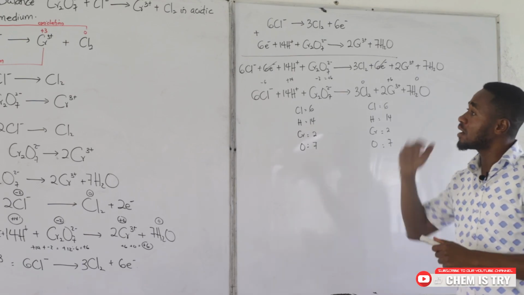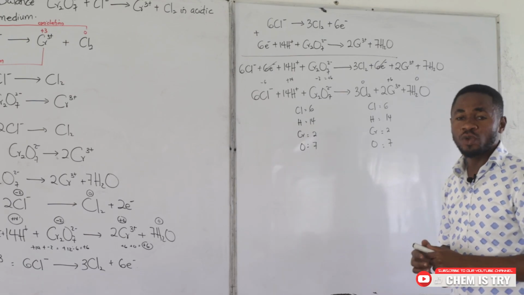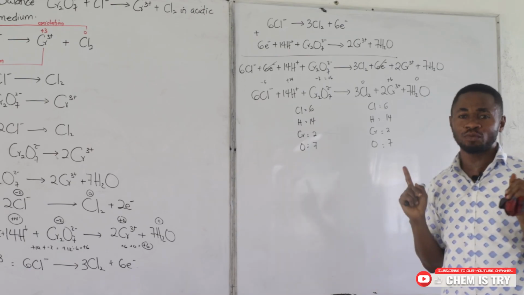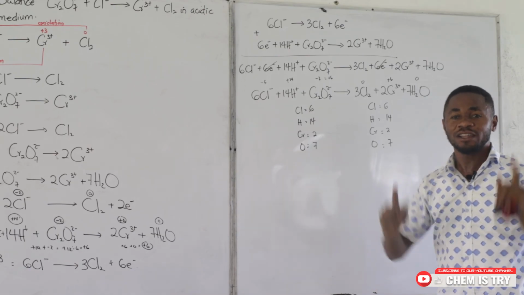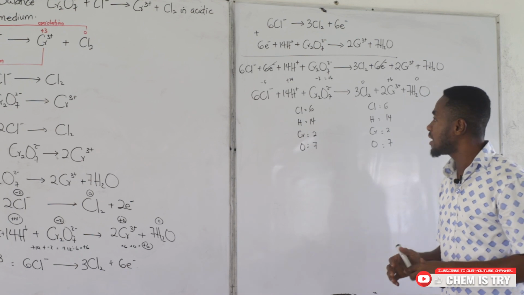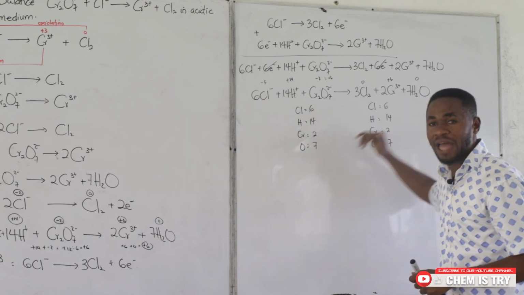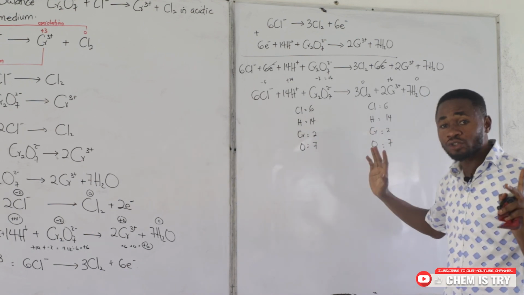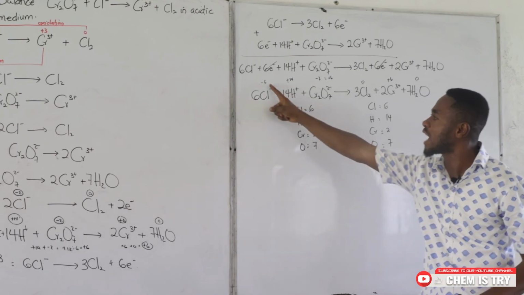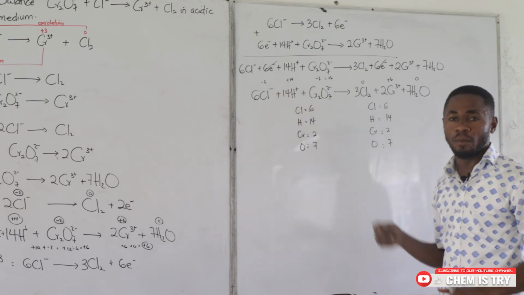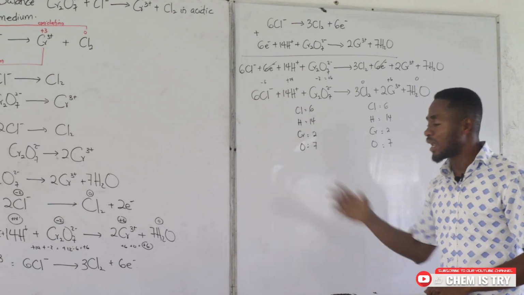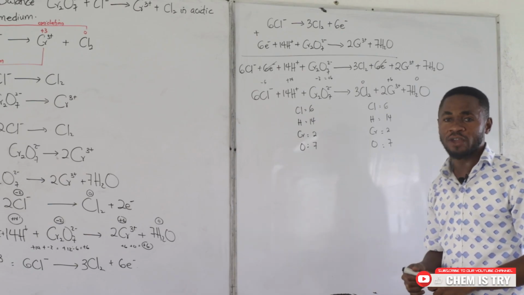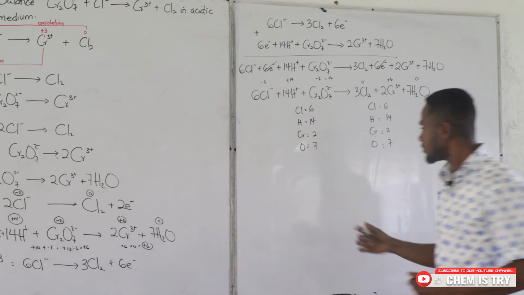In balancing redox reactions, we balance not only the atoms, but we also balance the charges. So after everything, check to see if the atoms are balanced. Not only the atoms, also check to see the charges are balanced. I'll give you an assignment which you should try your hands on.